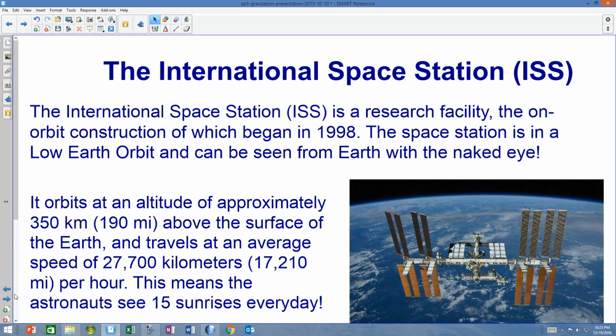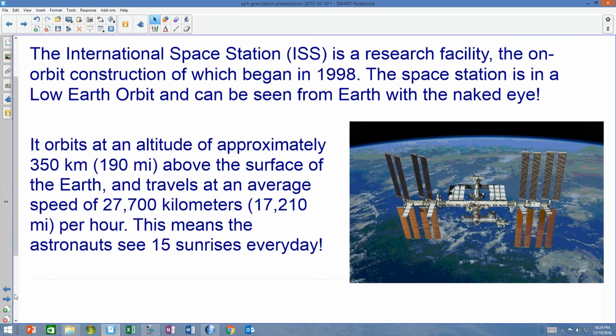So now let's talk about the International Space Station. The International Space Station, also known as the ISS, is a research facility, the on-orbit construction of which began in 1998. The space station is in a low Earth orbit and can actually be seen from the Earth with the naked eye, especially if you know where to look in the nighttime sky.